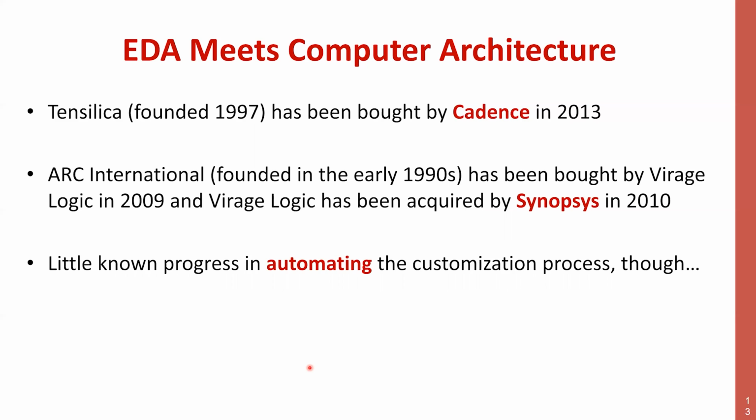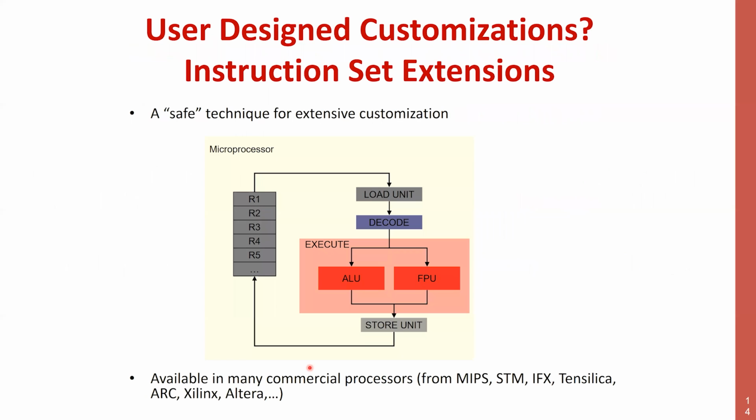And so here it comes that two of the biggest players, there are three big players in EDA, in design automation, which are Cadence, Synopsys, and Mentor, acquired very strong customizable processors. Unfortunately, not much happened in the process of customization, but I think it is an area that is very interesting.